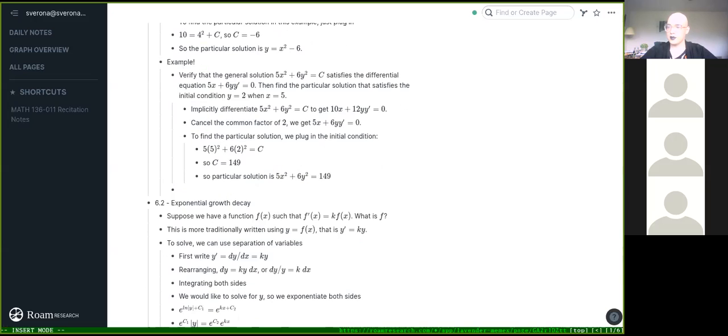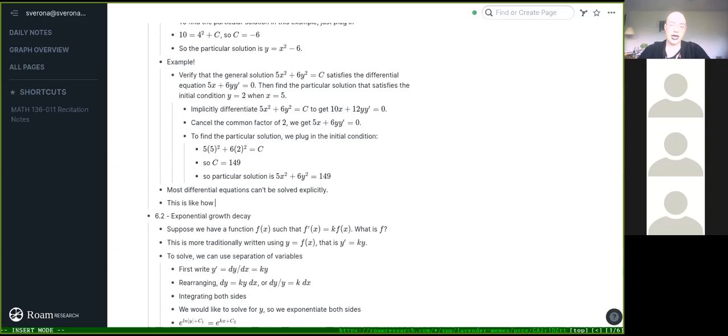All right, so let's talk about Euler's method. So almost all differential equations, you cannot write down a function that gives you the solution.